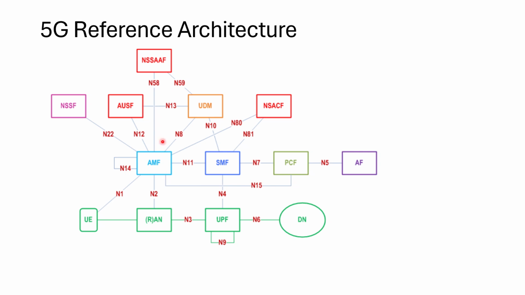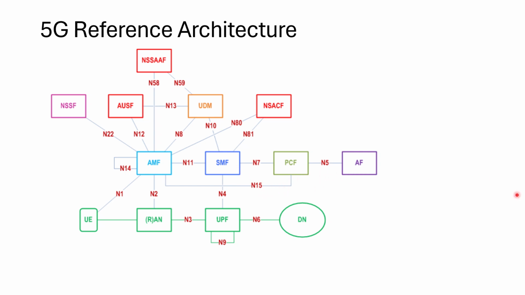The AUSF then pulls the security vectors from the UDM over the N13 interface. We have the N8 and N10 interfaces. Both the AMF and SMF need subscriber data. The AMF pulls mobility profiles from the UDM over N8, while the SMF pulls the session management profile over N10.